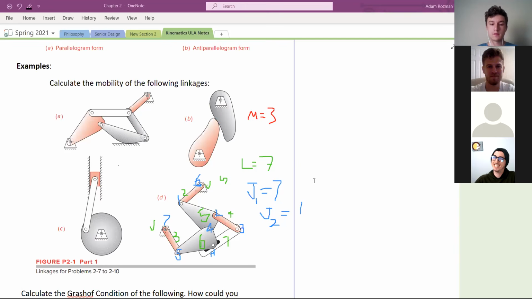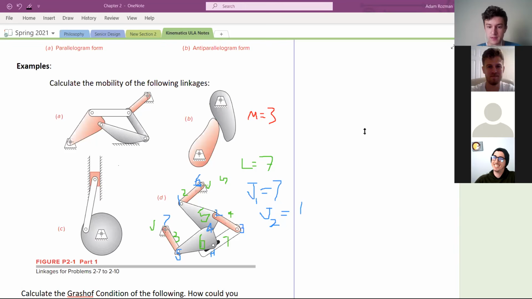For E, in the book it said -1, whereas the answers you posted said the mobility was 0. So I wasn't sure which would be correct. You said 2.21? Yeah. We can do it later if you want to keep moving. Let's look at it in just a little bit.